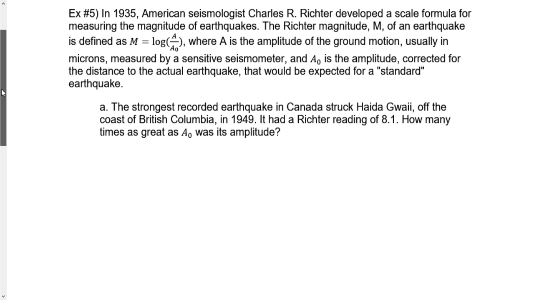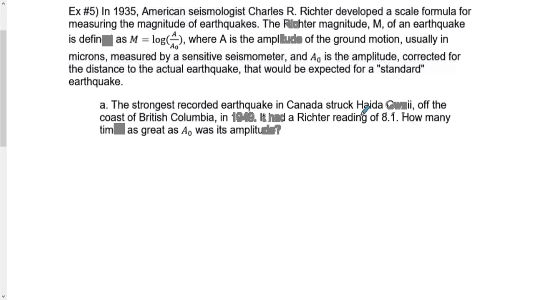The strongest recorded earthquake in Canada struck Haida Gwaii off the coast of British Columbia in 1949. It had a Richter reading of 8.1. How many times as great as AO was its amplitude?